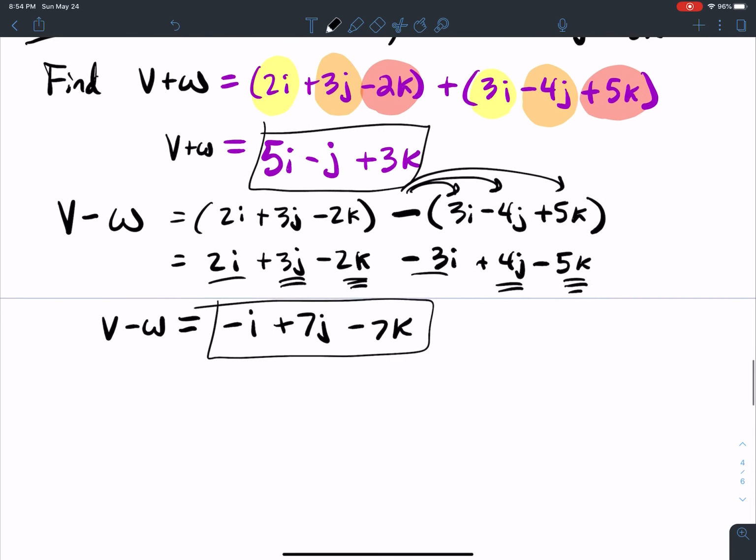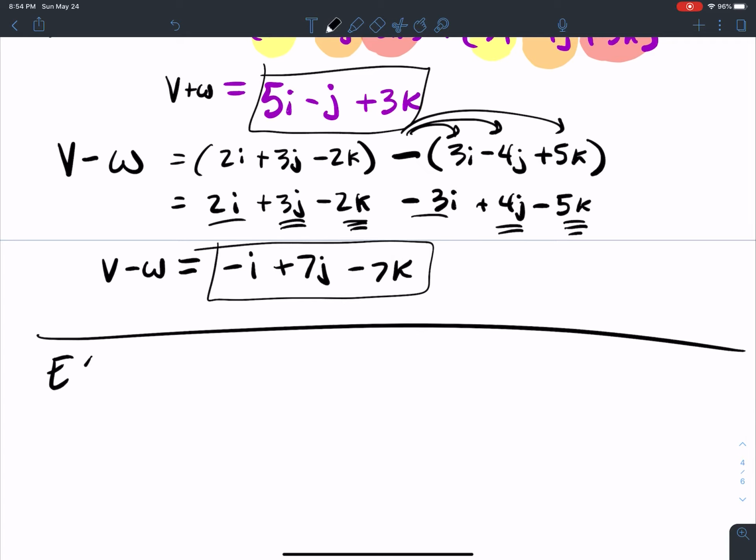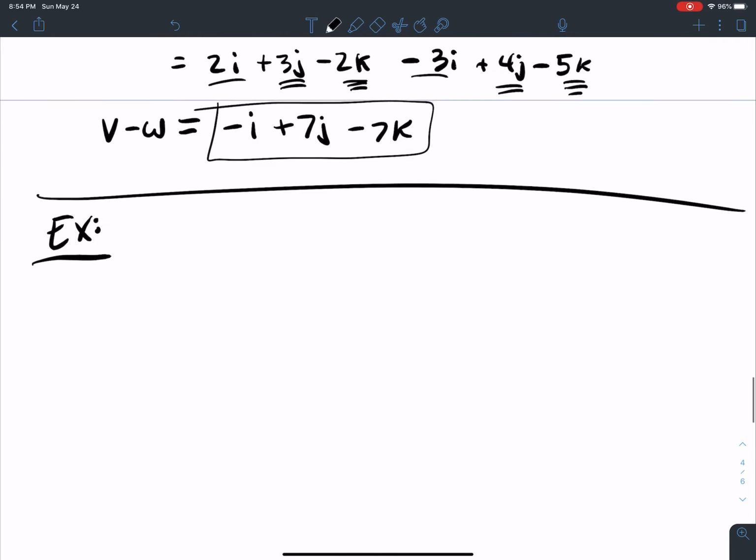All right, let's do scalar product. So let's try to find, once again, v equals 2i plus 3j minus 2k.